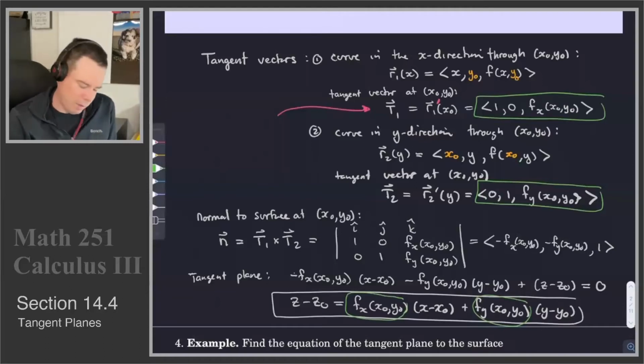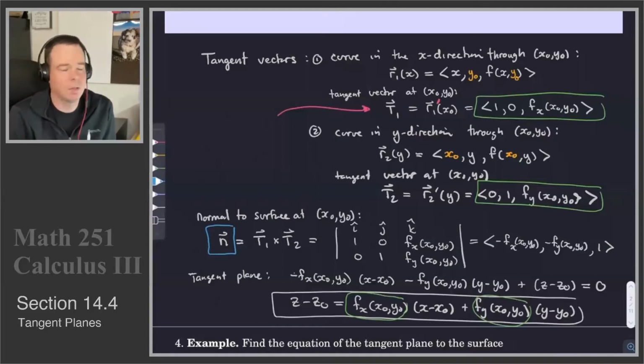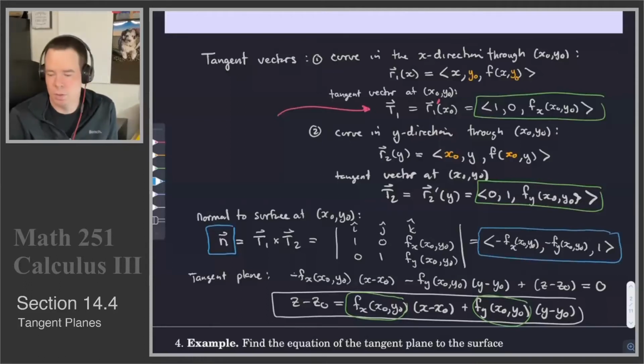The other thing we get from this is, as I've said, the normal to the surface. We construct these 2 vectors from that diagram, take their cross product to get the normal, but the normal actually has a nice form that we don't have to recompute every time. This was our normal vector. It was the vector made up of the x partial, the y partial, and 1.